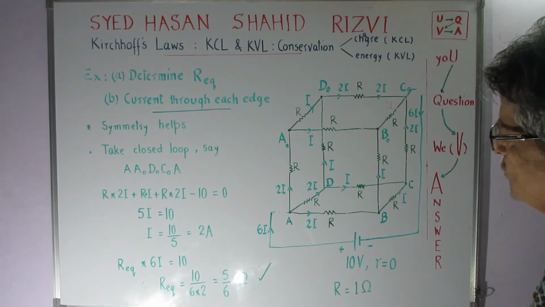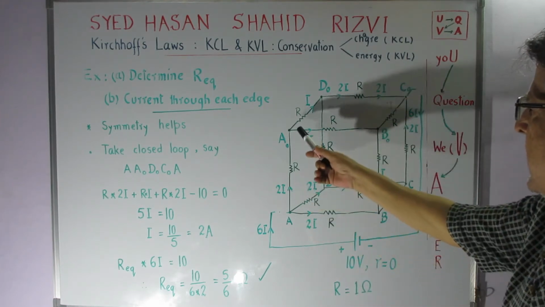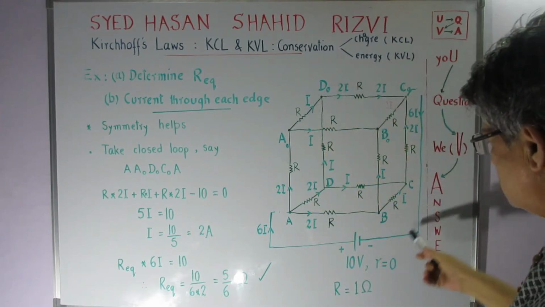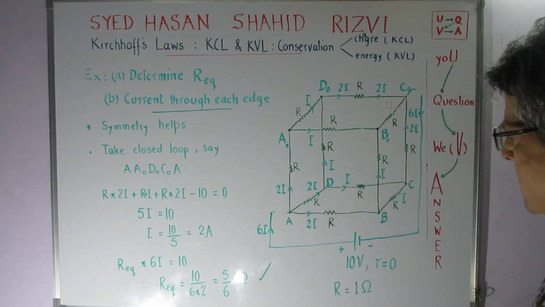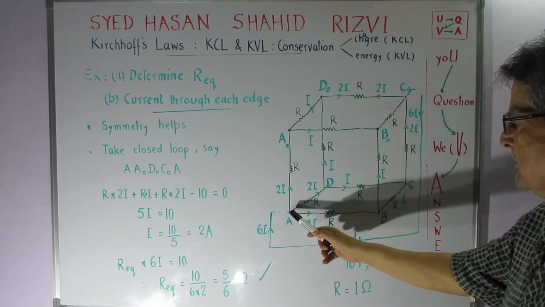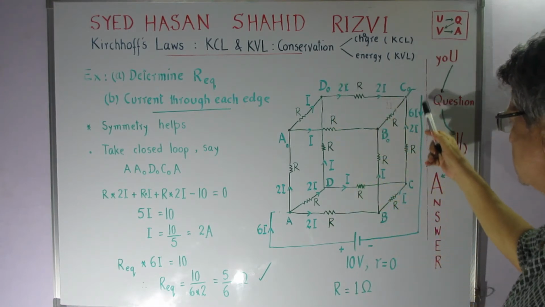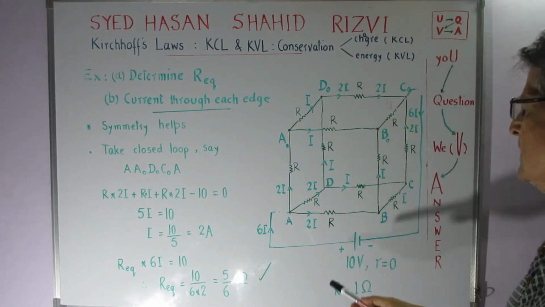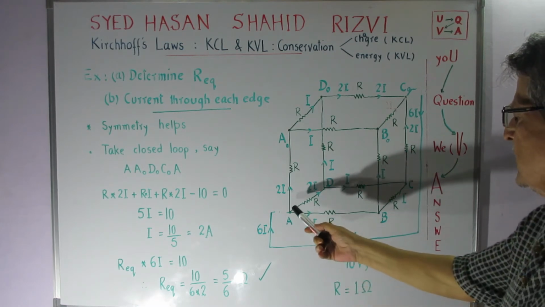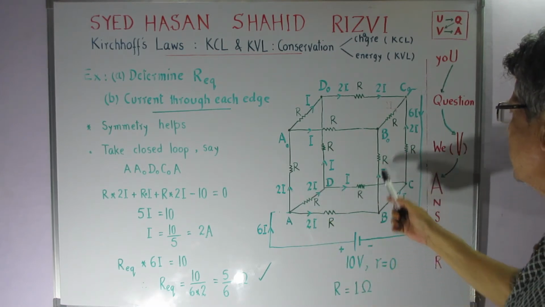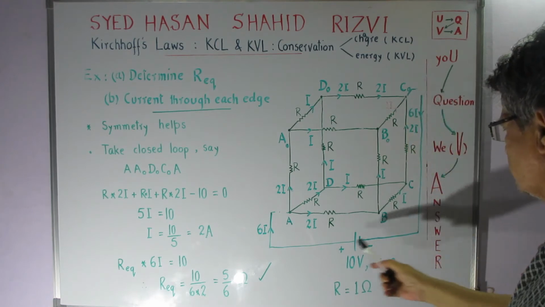For example, I can choose to start from A, go to B naught, C naught, and back to A. Again, let's start from A, D naught, C naught, like this. Or I start from this A, B naught, C naught, like this.